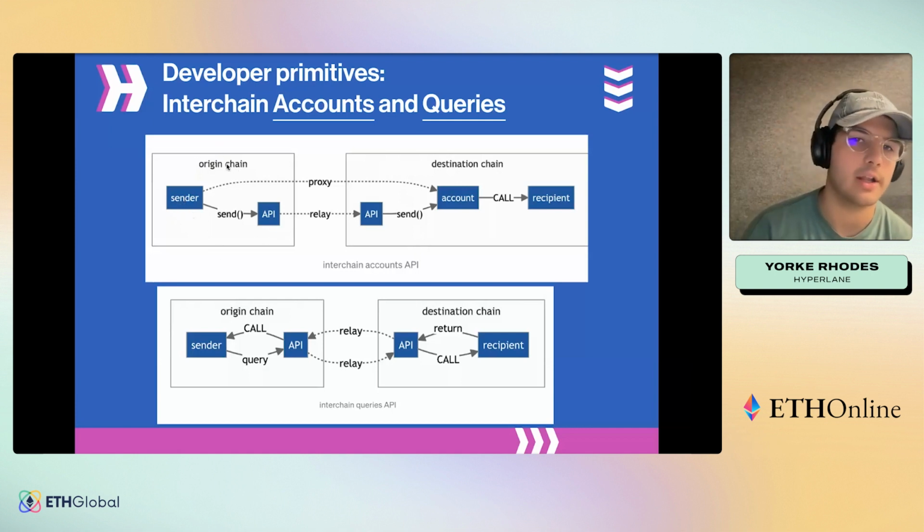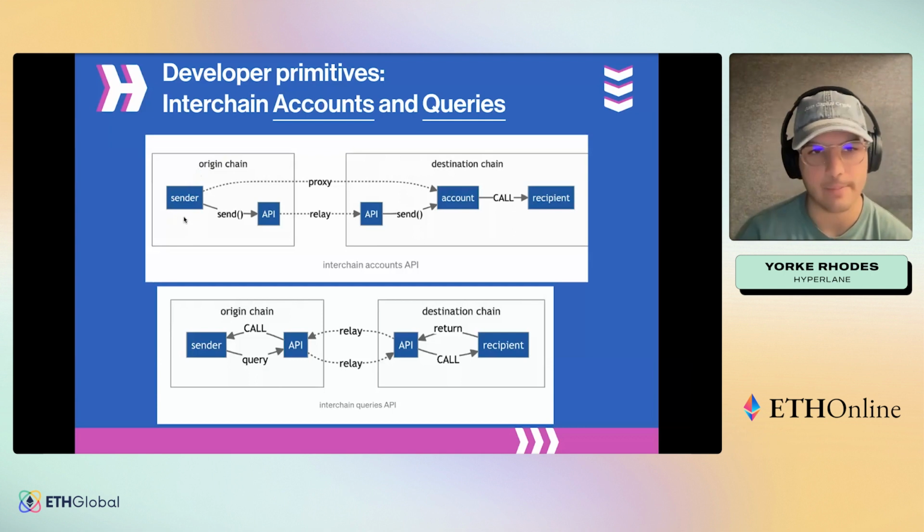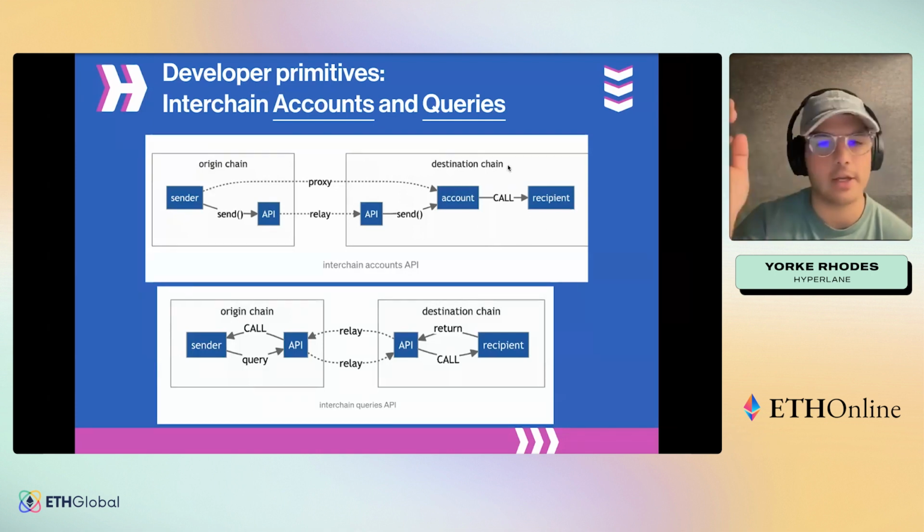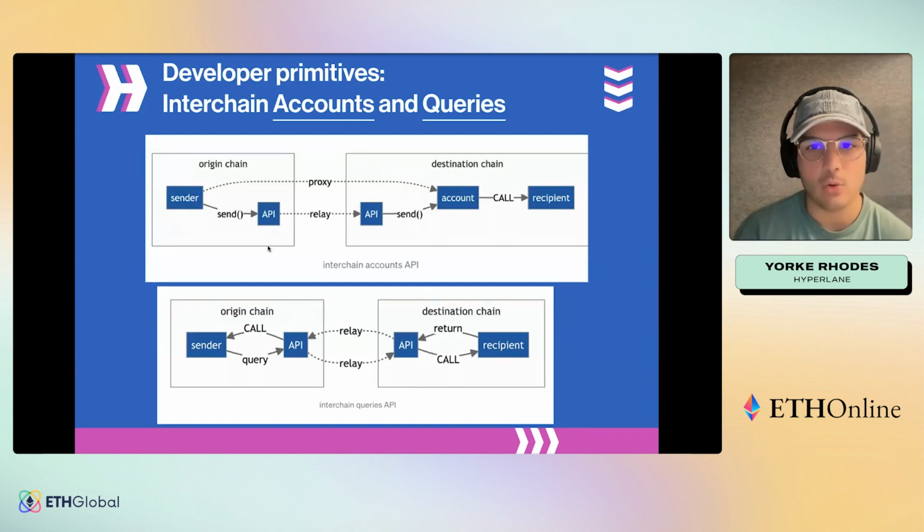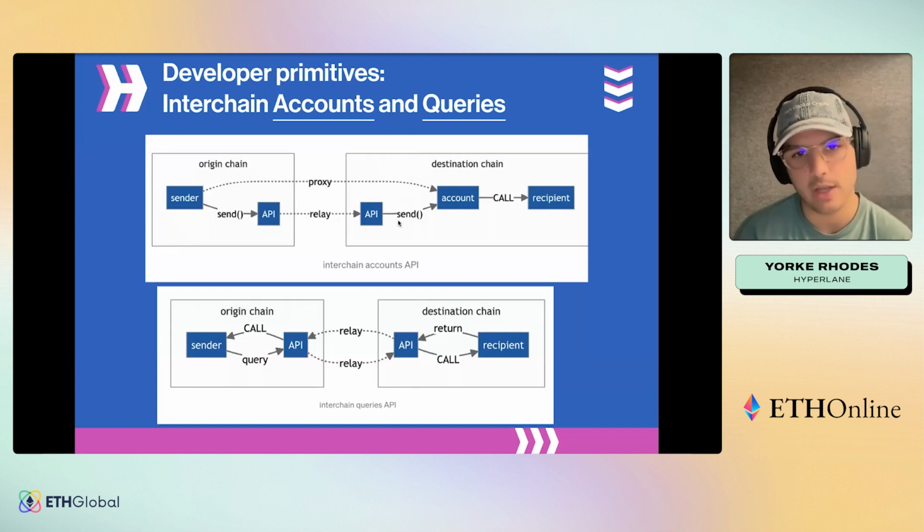So let's say you're on Ethereum and you want to call Mint on some NFT marketplace that's on Polygon. What you would do is you hit this interchain accounts API with that call that you want to be made on that other chain. And this will abstract that whole process away.